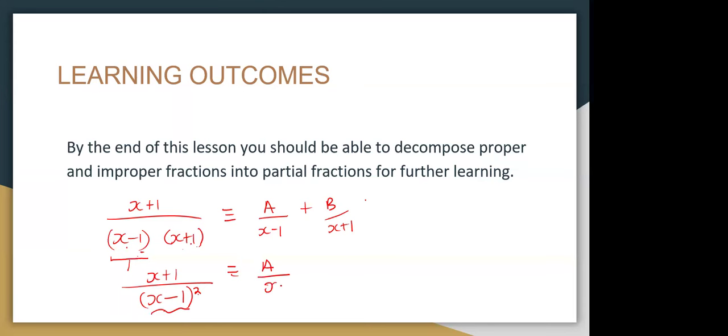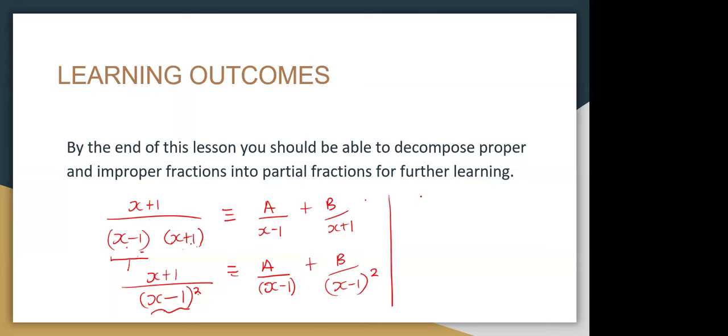So I'll have a out of x minus 1, then plus b out of x minus 1 squared. Your task is to increase the power from the lowest power up to the highest power. We shall start with 1 because any number power 0 is 1, so that one we ignore. So we start from 1, then 2. But there is no need for you to write 1.